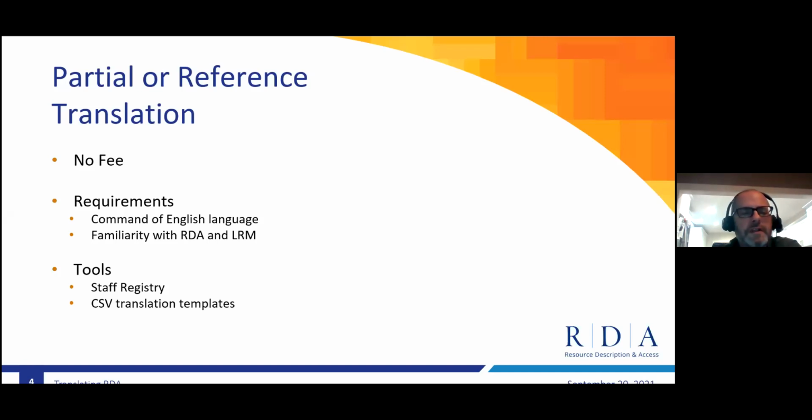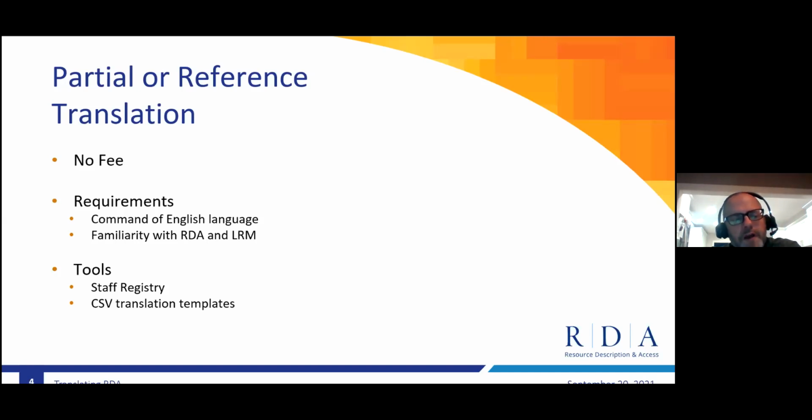So you do need to have some kind of command and comfort with the English language so that you can translate, obviously, from English into your language. And also, it's really important that you already have a working familiarity with RDA and LRM, which is the Library Reference Model from IFLA, which is the conceptual model that RDA is based upon.